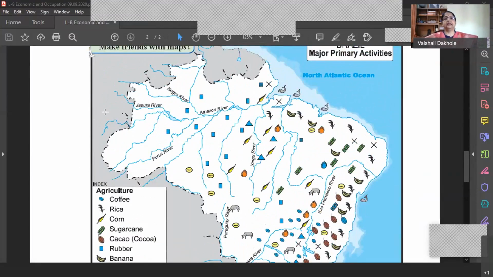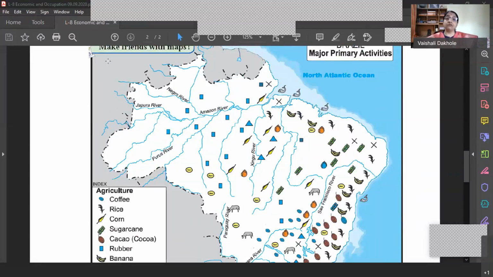So we see that primary activities are not well developed in Brazil. That means agriculture, fisheries or mining are not developed everywhere in all parts of Brazil. But in one part, the eastern part of Brazil, we find concentration of agriculture, concentration of mining activity, and development of industries. That is on the southern and eastern part of Brazil.